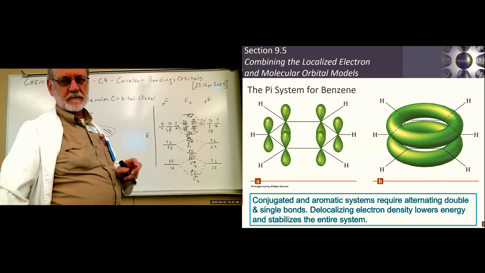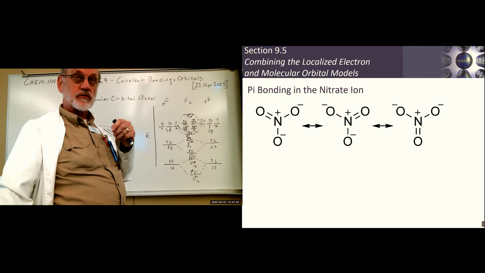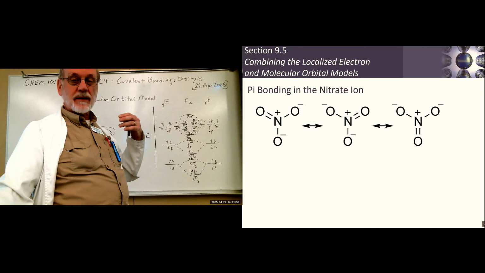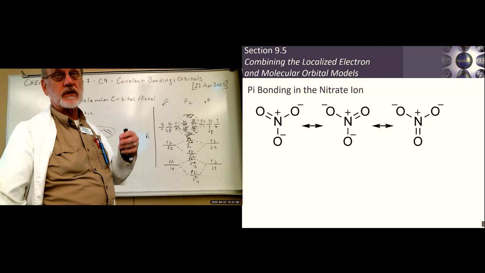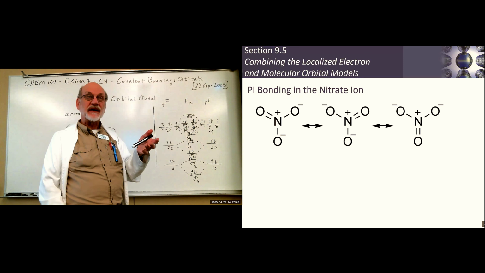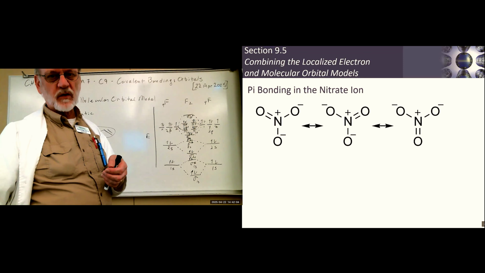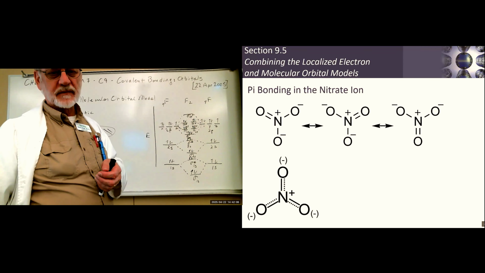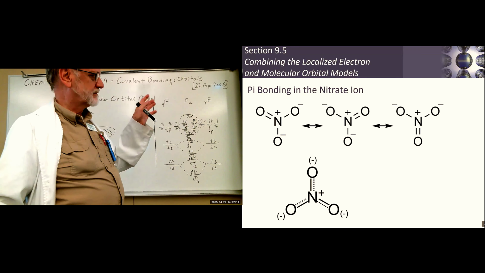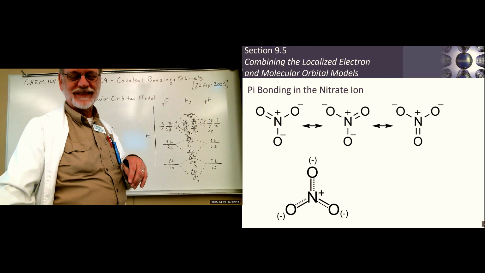We had the nitrate molecule that we drew under the localized electron model. For the nitrate molecule, we had to resonate it with 3 different structures. That's because the model doesn't allow for partial bonds, but molecular orbital does. Right. I think I showed you this sort of a halfway bond model.